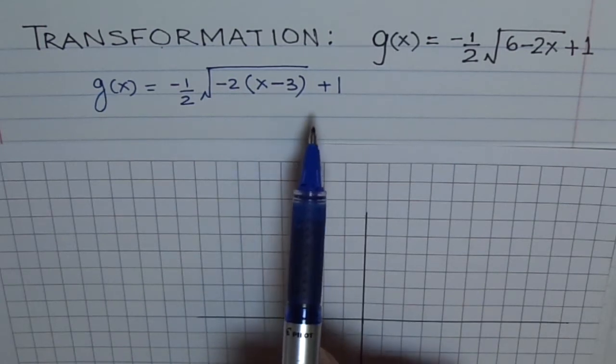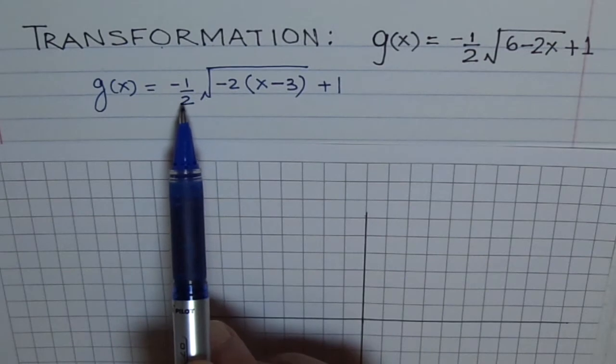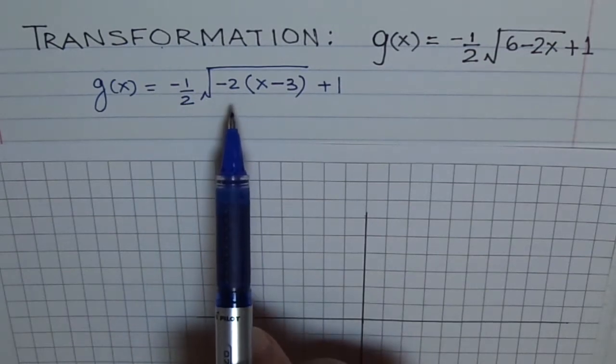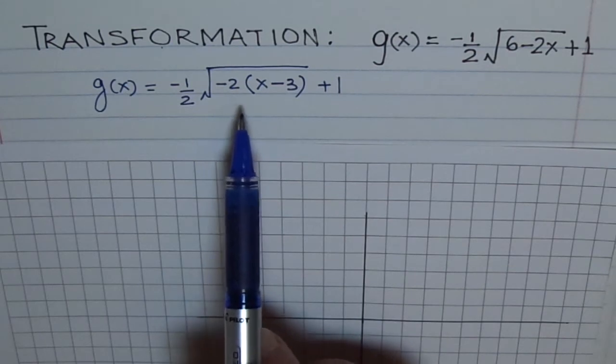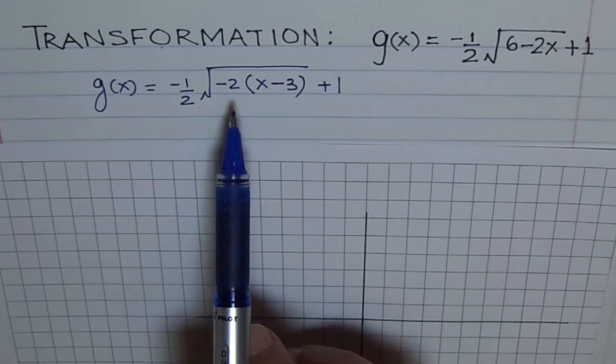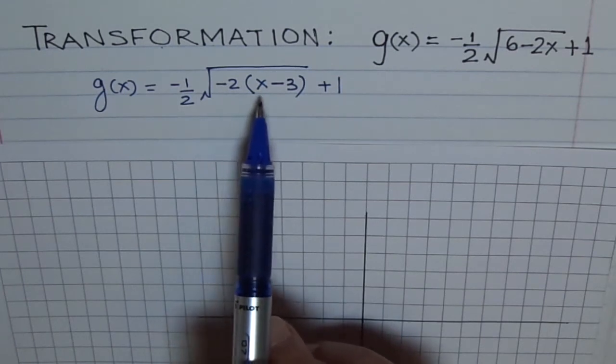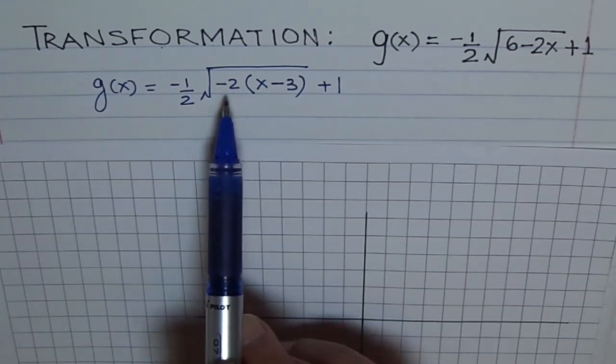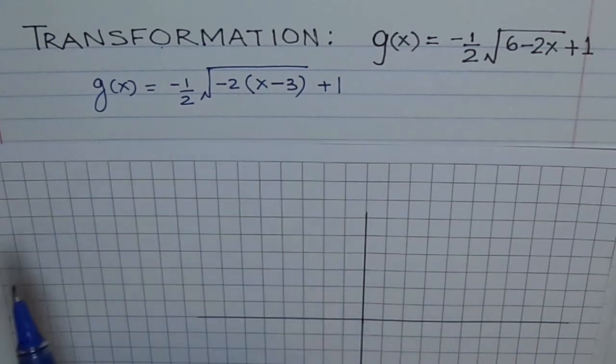So you can either go for vertical stretch compression reflection first, or you can go for horizontal stretch compression reflection first. It's your choice. Here I will go with horizontal compressions and reflection and then vertical. And then we'll do the translations, okay? Now, I hope you understand that.